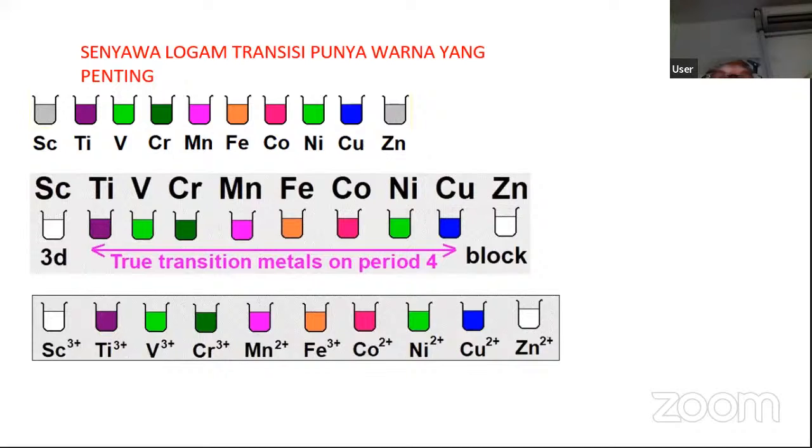So you have to use some instrumentation in your study. But color is a very useful way to indicate that a reaction is taking place. So most of your transition metals are colored, okay? So we can make full use of this color to study the reaction. The next slide.